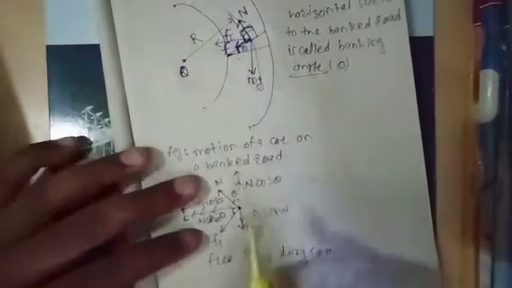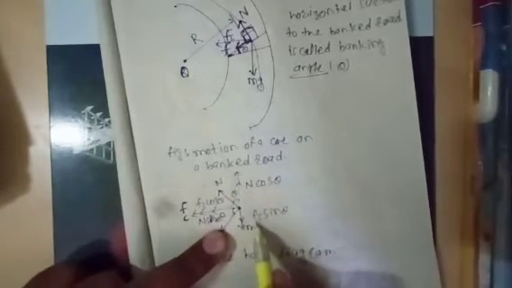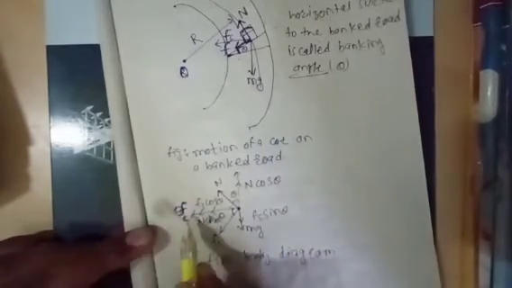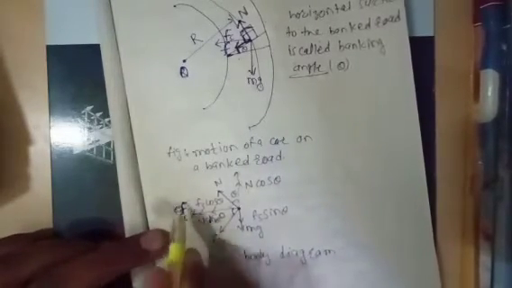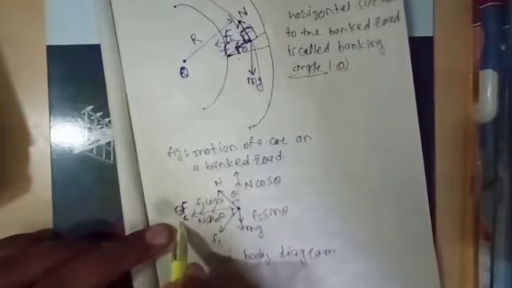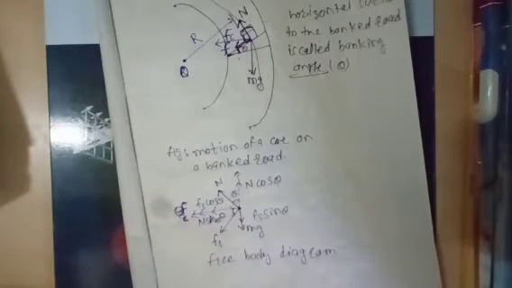Along the vertical direction, in the upward direction it is N cos theta, and in the downward direction Fs sin theta and mg. This horizontal direction is the direction of the centripetal force, meaning the centripetal force is due to Fs cos theta and N sin theta.